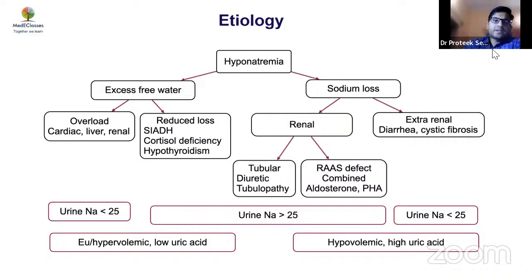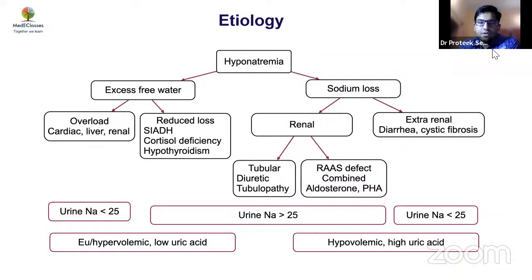Extrarenal causes, the sodium is being lost by the skin such as cystic fibrosis or the GI tract and diarrhea. Now, as sir mentioned, just to reiterate, the urinary sodium is an extremely useful tool. Where the urinary sodium is low, that signifies there is hypovolemia. That could be effective hypovolemia or actual hypovolemia. What is happening here? There is ADH secretion, but also aldosterone is being secreted to reduce the sodium in the urine. So there will be urinary sodium less than 25.